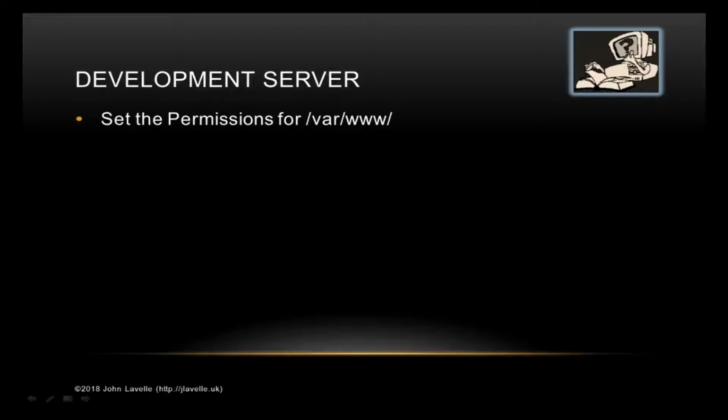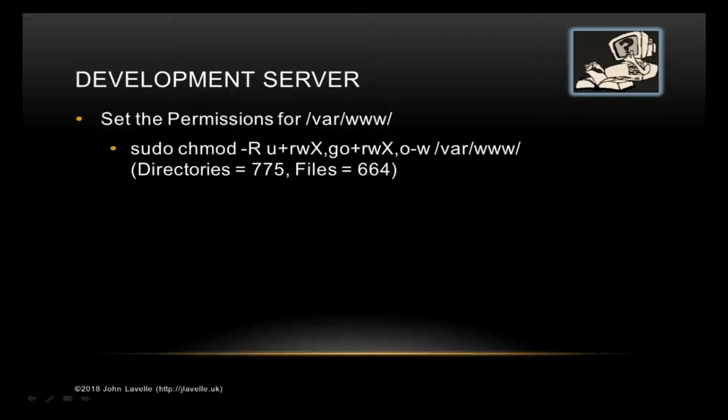The first thing we need to do is change the permission to 775 and the files to 664. This will allow you and the group to be able to modify and write files into that directory and any subdirectories.